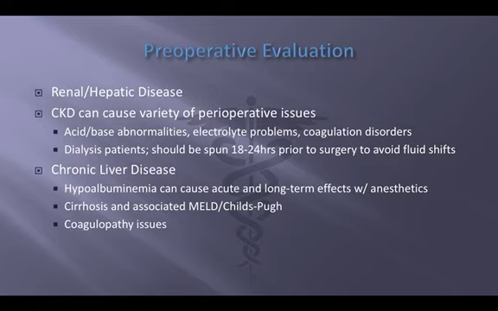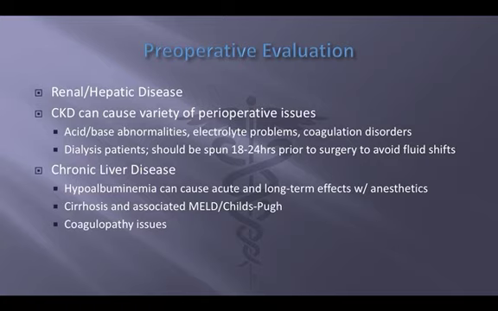Chronic liver disease, so patients with hypoalbuminemia, this can cause acute and long-term effects with anesthetics. Some of these drugs bind to albumin in the bloodstream, and therefore this can change the potency of the medication.